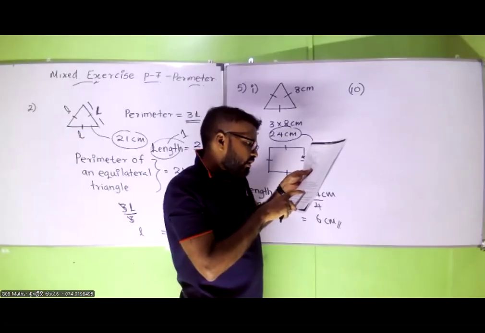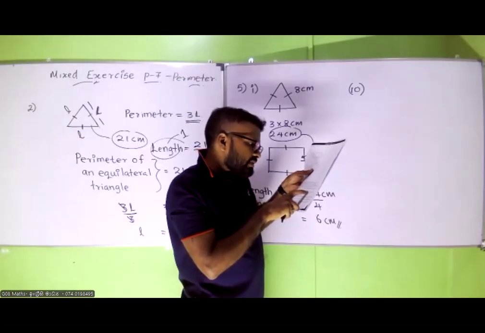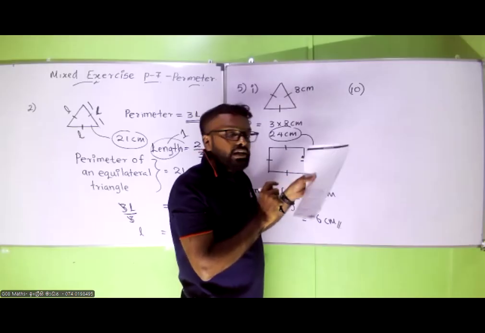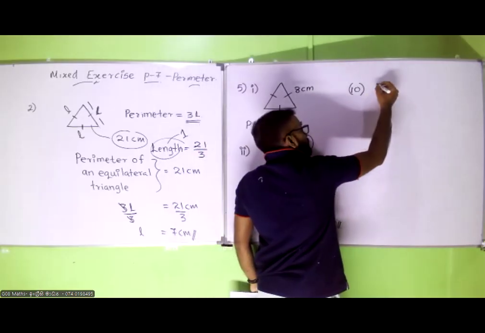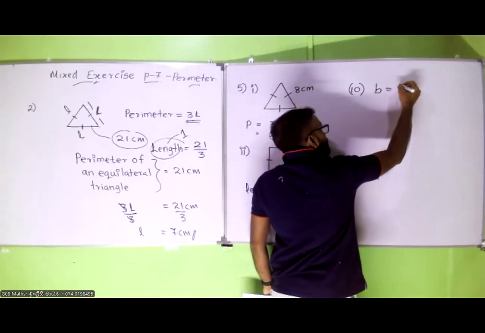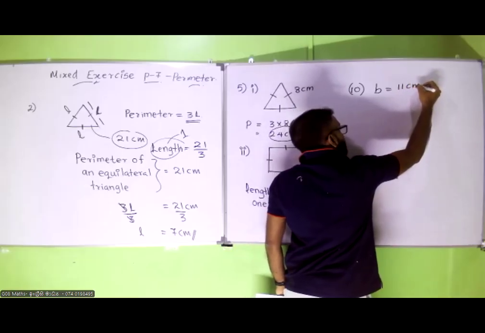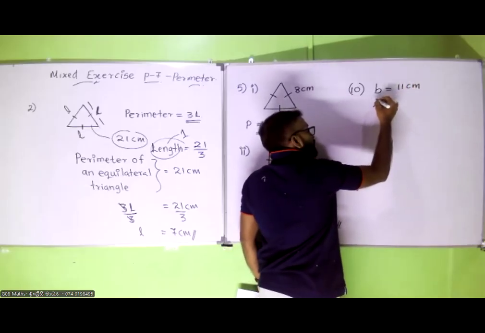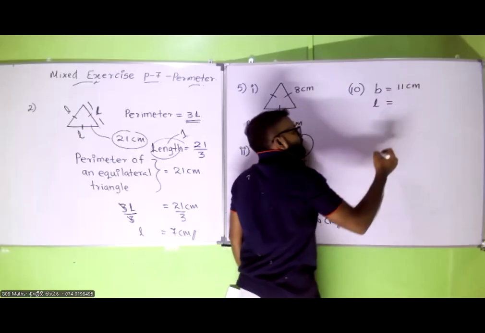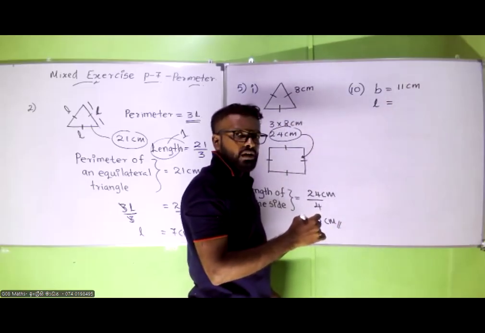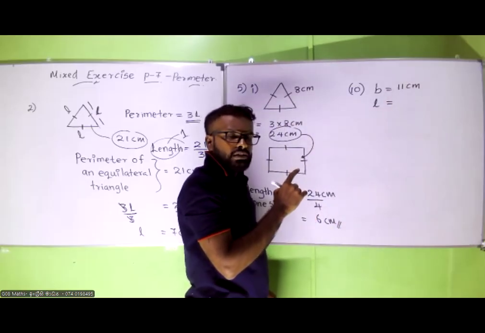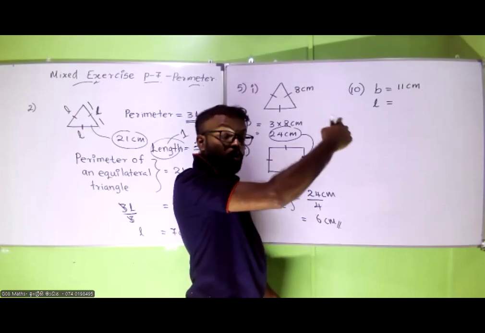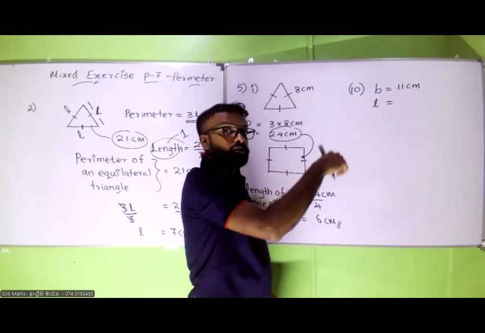And the breadth is 11 centimeters. We can write down the breadth, B, 11 centimeters. Then you can write down the length as well. How are we going to write down the length? The length is 6 centimeters more than the breadth.